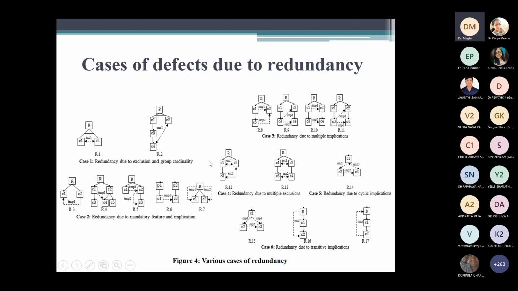In this particular notation, P is the parent feature, C1, C2, C3 are the child features, and we have multiple exclusions in this case. So this is going to be a case of redundancy. Similarly, case 5 is redundancy due to cyclic implications, and case 6 includes the redundancy due to transitive implications.